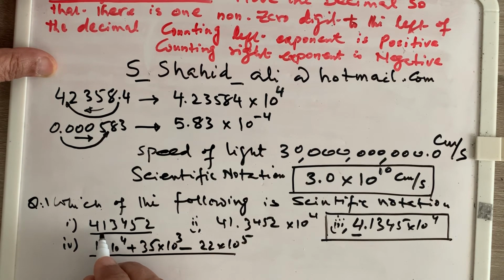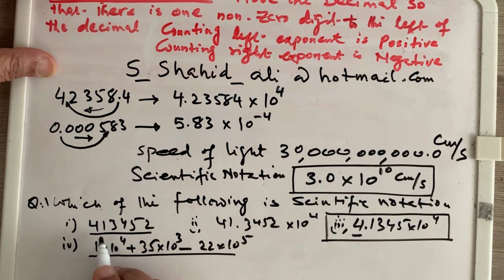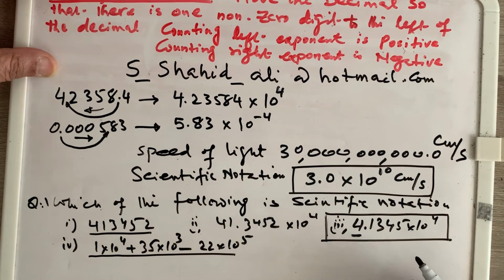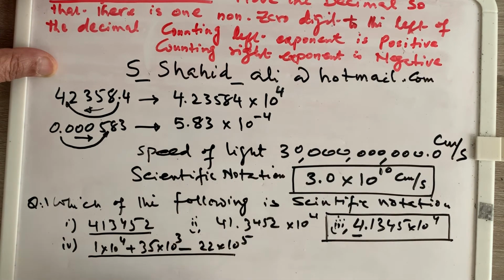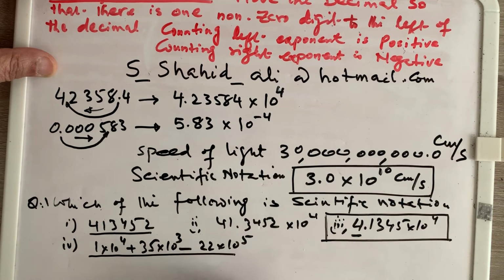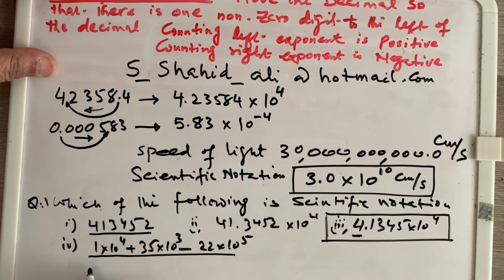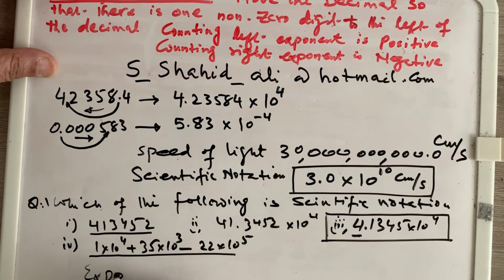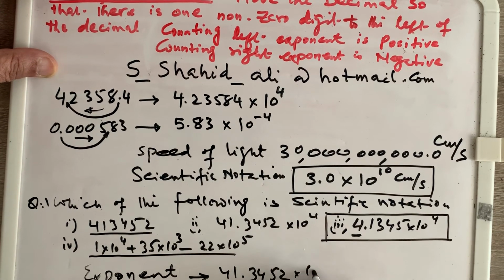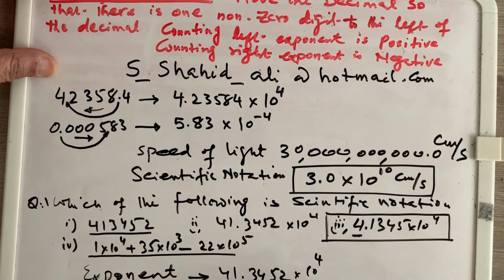And here we have the standard form. In the next class we will also learn how to convert standard form or expanded form into scientific notation. Sometimes the question is asked: what is the difference between scientific notation and exponent form? Exponent form is when you have the exponent. So this 41.3452 times 10 to the power 4 may be called an exponent form because the exponent is written here.